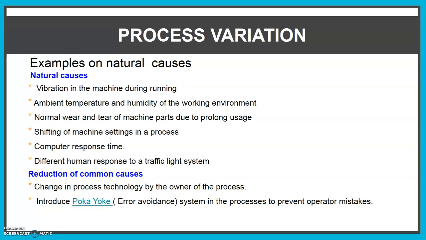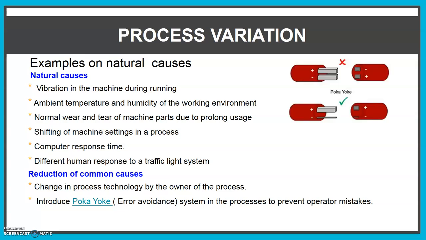And how to reduce this kind of natural cause? First, change the process technology, maybe do some maintenance for the process. Change the design a bit so that you can reduce operator error and mistakes, such as Pokayoke.